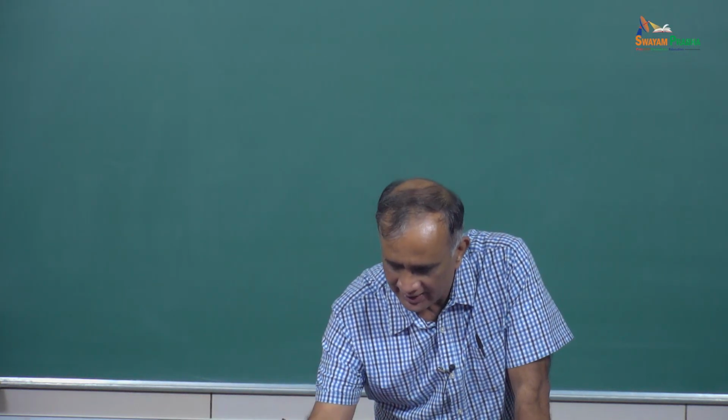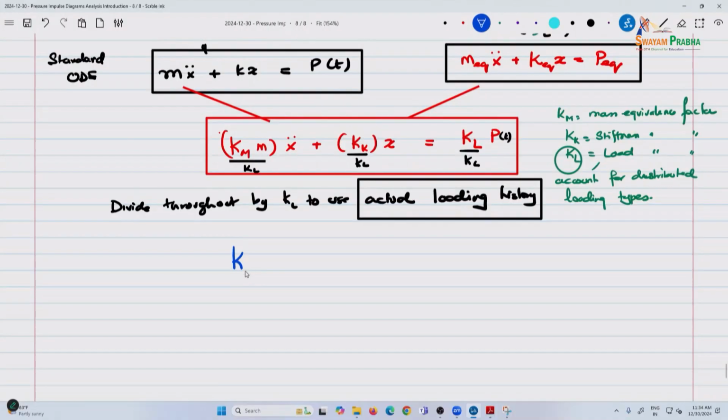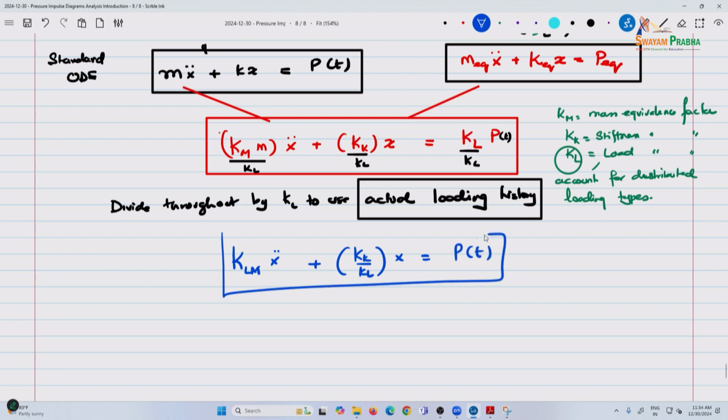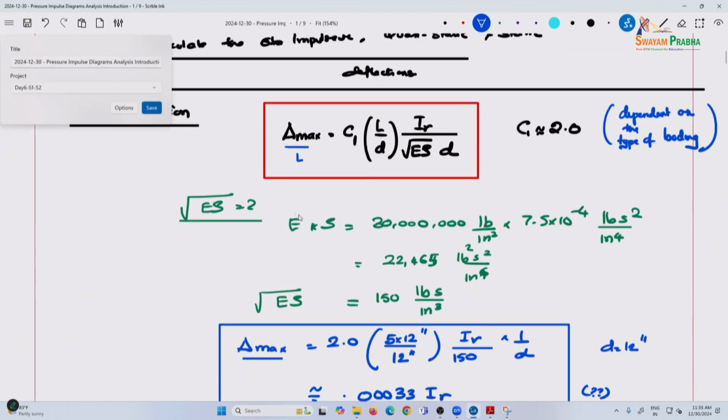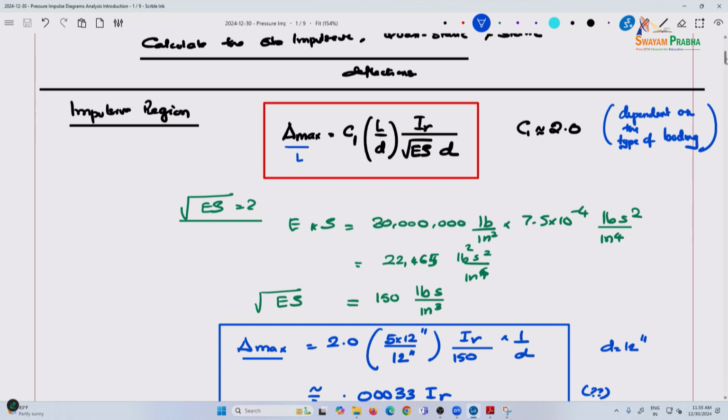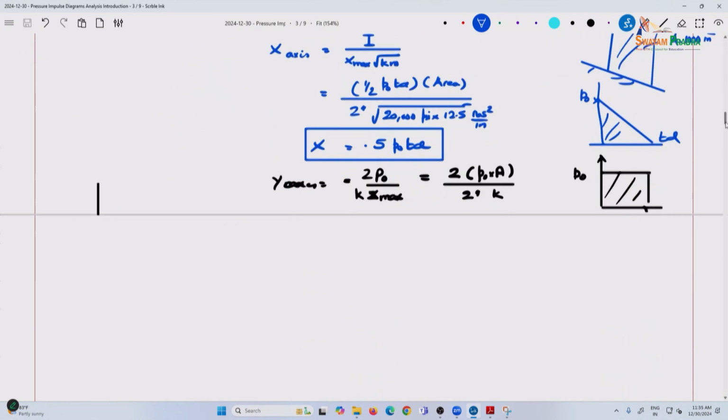So you get K load mass factor x double dot plus Kk by Kl x is equal to P of T. And we will upload these files separately as well.